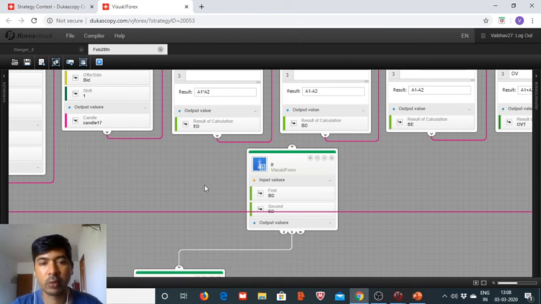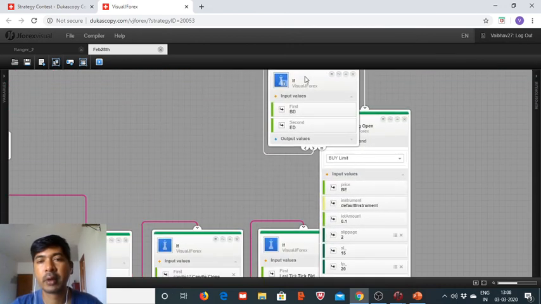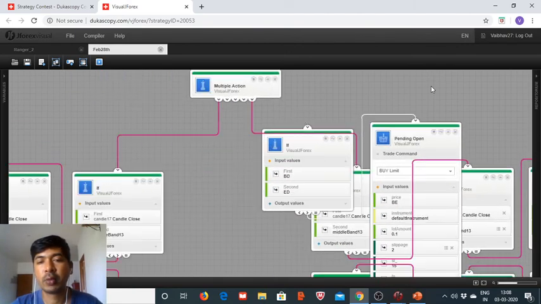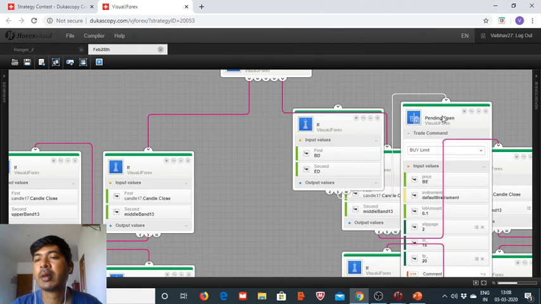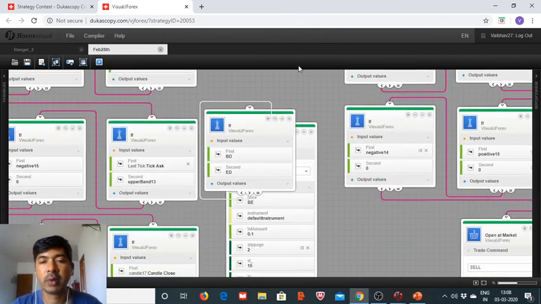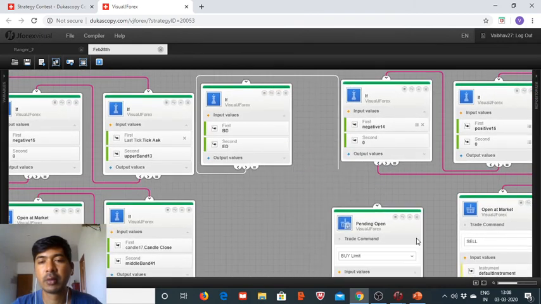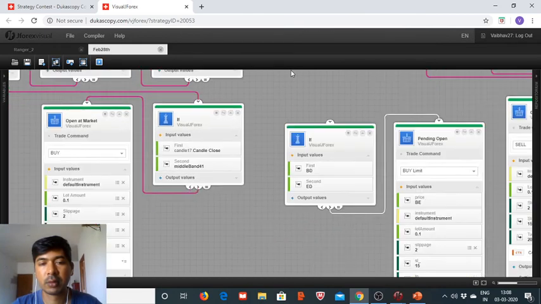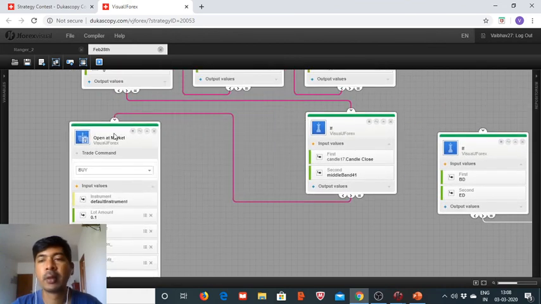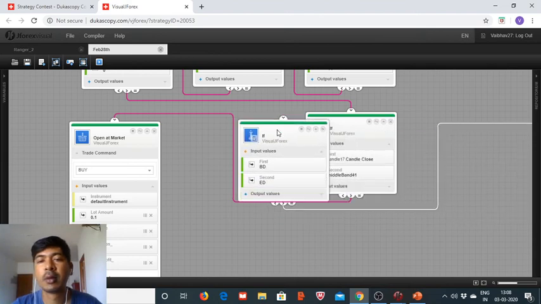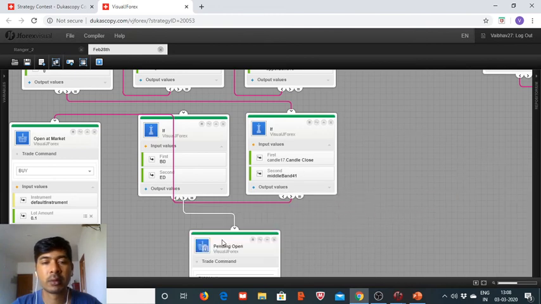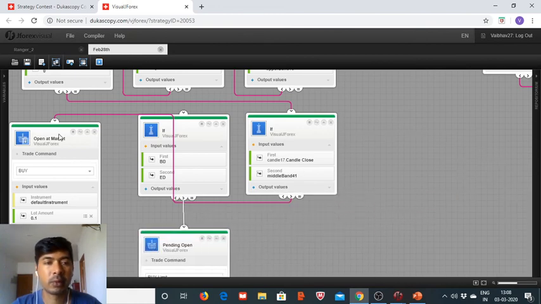So let's go for adding this buy side to the development we have done so far. So far so good.